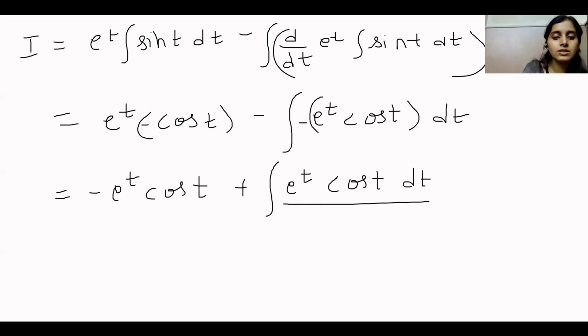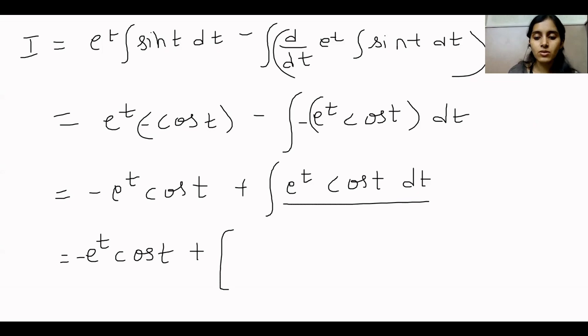Again, use integration by parts for this function. First function as it is. For the second function, we'll write plus bracket. Now, integral e raised to t cos t dt, first function as it is, integration of cos t is sine t.